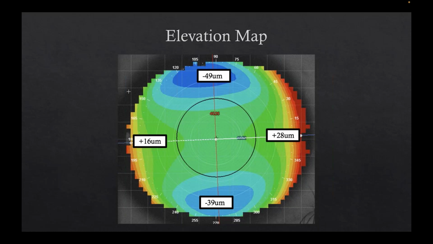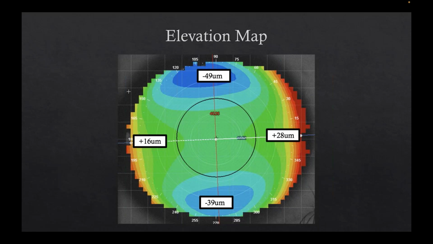And you can see that horizontally in the flat meridian, our elevation is higher than the best fit sphere, and in the steep meridian, it is steeper than the best fit sphere. So this is a very toric cornea, and it's also a very symmetrical cornea.